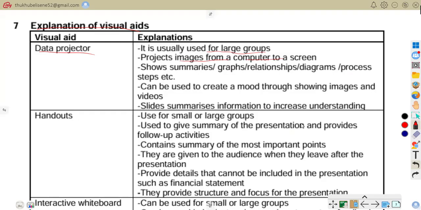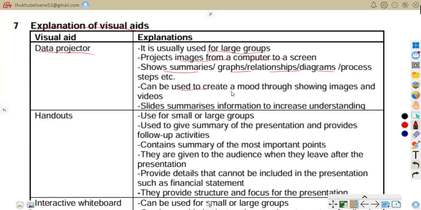It displays information from the computer onto a large screen. It shows summaries, graphs, relationships, diagrams, or processes and process steps, etc. So it makes information easier to understand by displaying visuals.